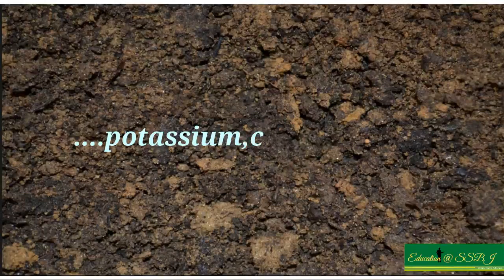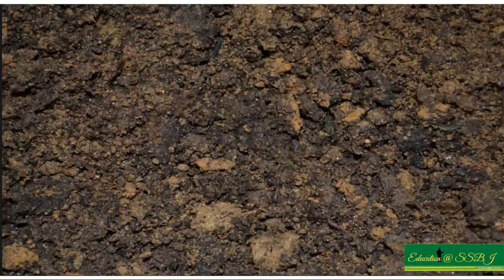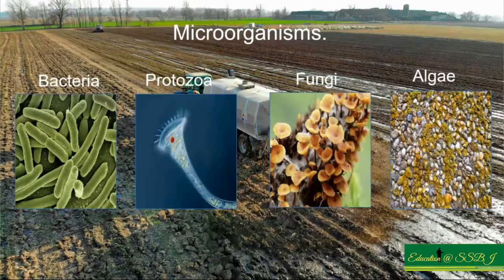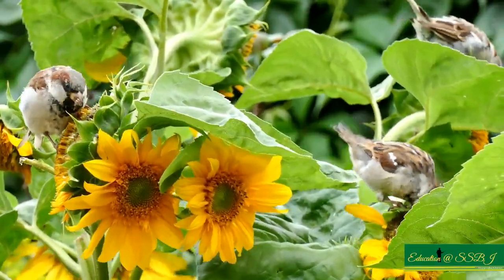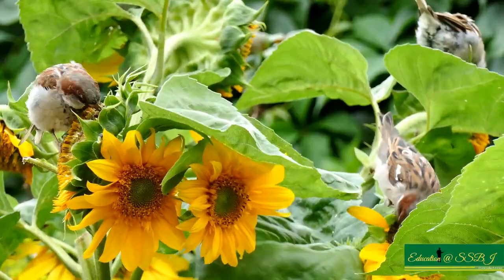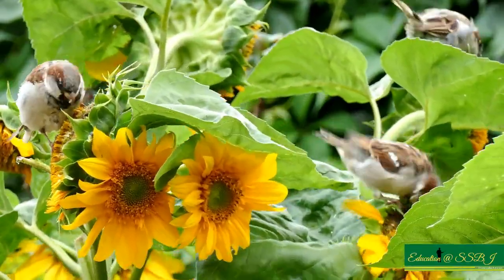All that nutrients, potassium, copper, nitrogen, all which was there in the dead bodies are decomposed, and these organisms convert them into a usable form for the plants to receive. These nutrients are again absorbed by the plant.